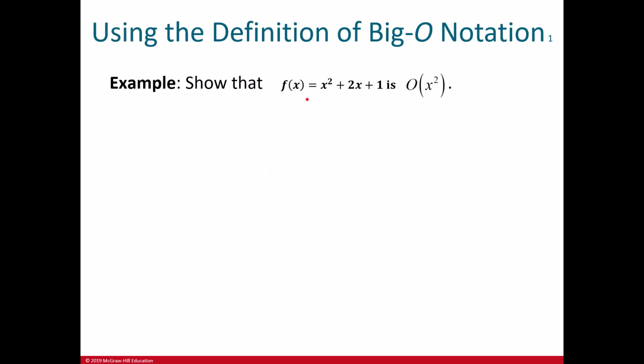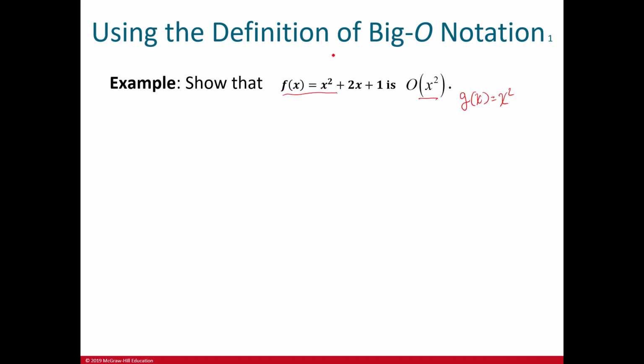All right, here's an example. This is my f. This one is my g. I'm going to rewrite it here: g of x equal to x squared. Okay, so we're going to appeal to the definition.